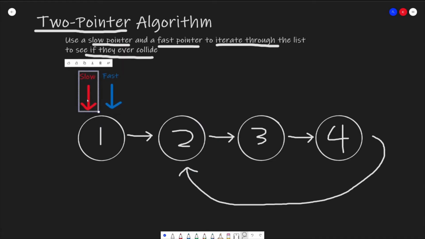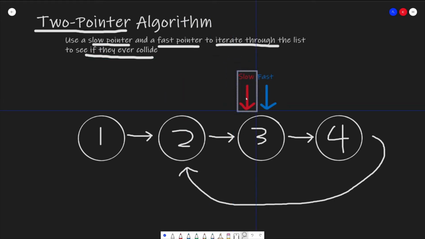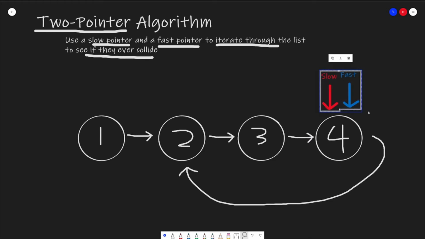The slow driver would just go at their pace, and the fast driver would go 2 times as fast. The idea is that eventually, if there is a cycle and the track repeats itself, the fast driver will eventually lap the slow driver. And when we find this overlap, that is when we know there is a cycle. Otherwise, the fast driver will reach the end of the racing track and the game will be over.